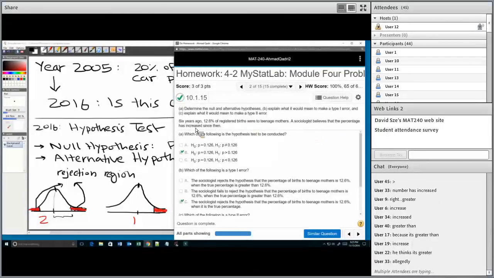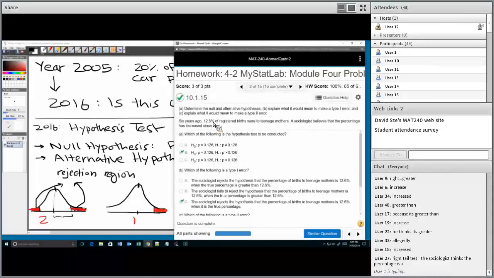Yes, because the sociologist believes that the percentage has increased since this 12.6% proportion was computed. Because there's an indication that it has increased, the alternative hypothesis will be that P is greater than 0.126 today. That's why it is a one-tail test where the tail is on the right side.